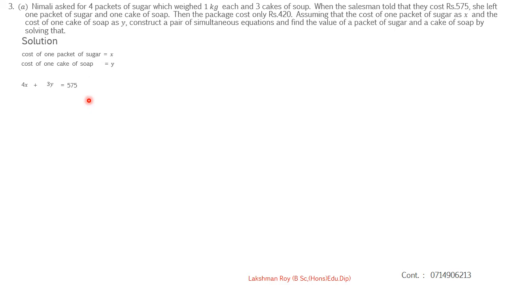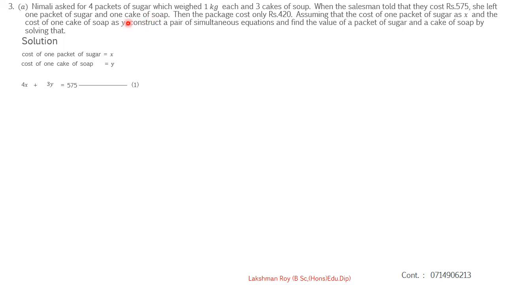So very easy. In a pair of simultaneous equations, we name these equations by number or letter. So I'll name this one as equation 1. Now move to the second equation. Be careful here. When the salesman told her that they cost 575 rupees, she left 1 packet of sugar and 1 cake of chalk.